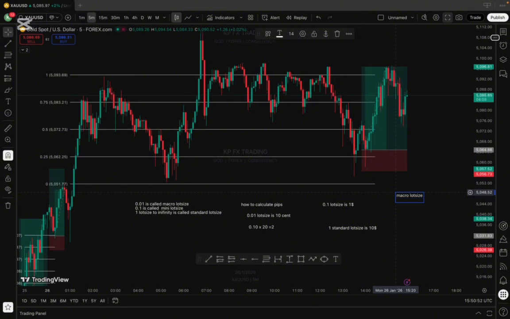This is for micro lot size. The micro lot size is like now 0.01, 0.02 to 0.09. I won't write everything, I don't have that time.